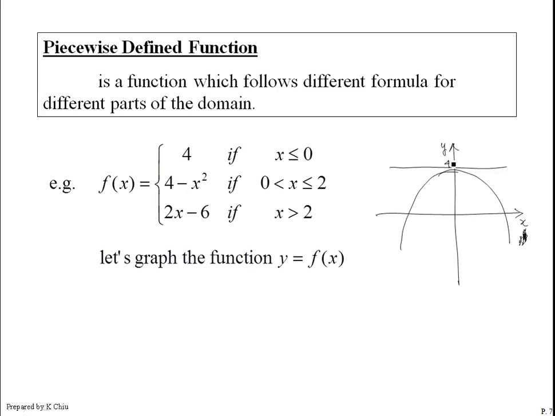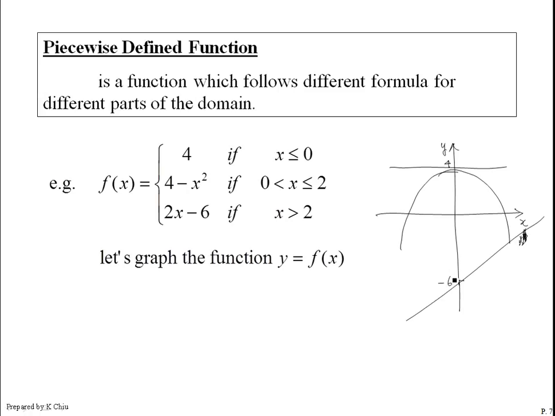And then y equals 2x minus 6. So y equals 2x is a line passing through the origin, and then minus 6. So it would turn out to be something going like this. This would be negative 6.